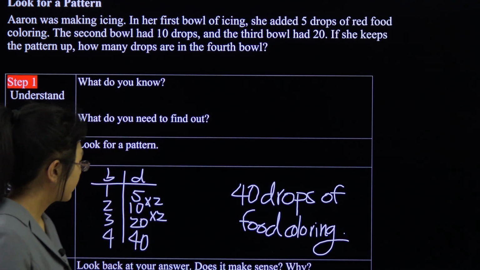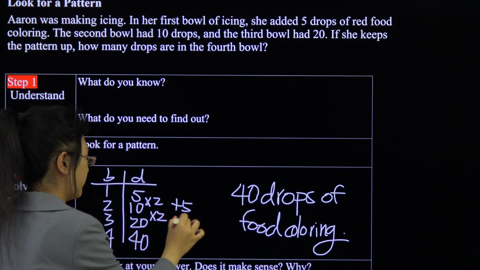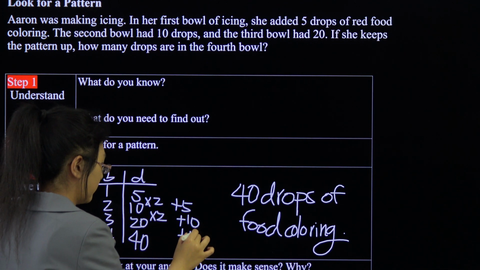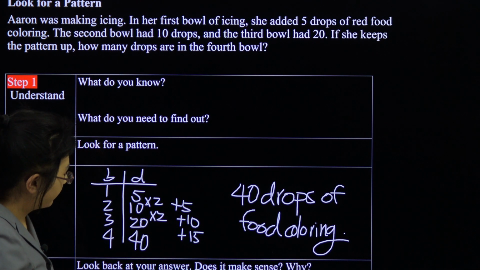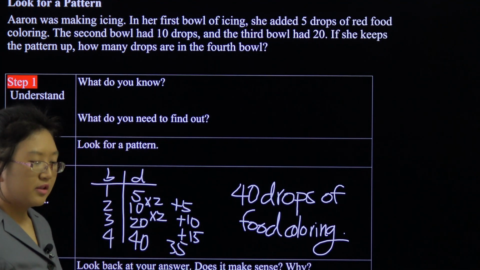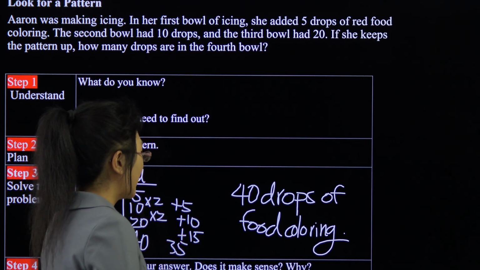However, if you go with a different approach, you could have plus 5, plus 10, plus 15, which would give us 35 drops. So when the pattern isn't exactly the most clear, then you give 2 answers.